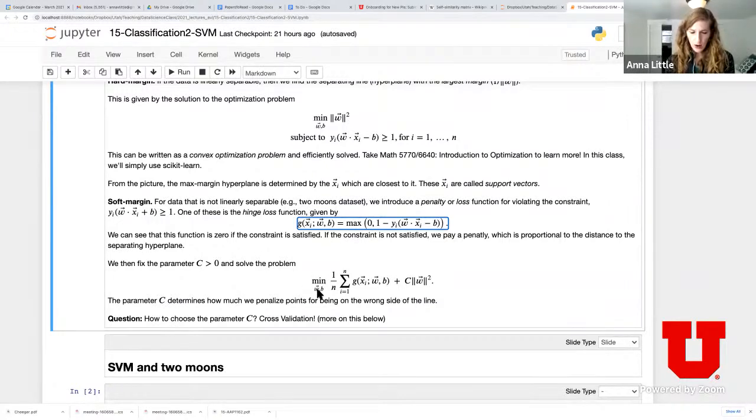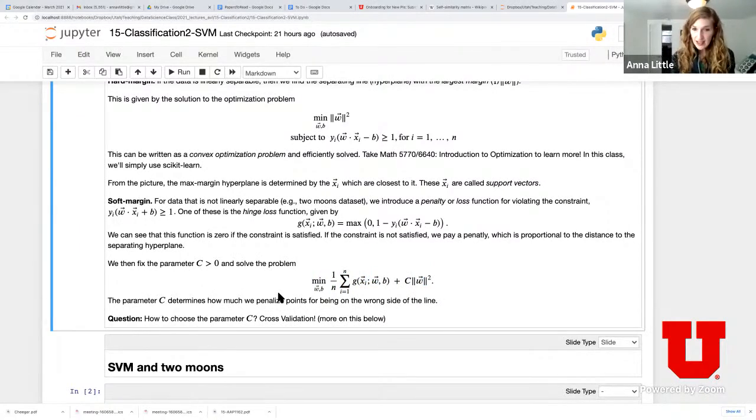Before, we were just minimizing the norm of W subject to some constraints. But now we're going to minimize the norm of W squared plus this average penalty of misclassified points.